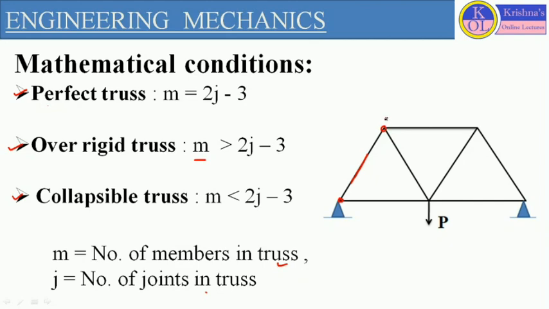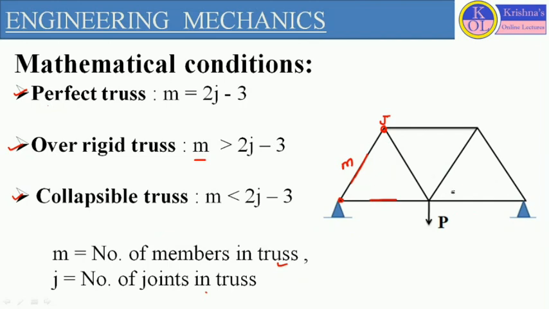This joining point represents the joint, denoted by J, and the straight line defines the member, denoted by M. So the member is defined in the form of a straight line, and the joining end of each member is defined as a joint. In this way we can define members and joints in a particular truss or frame.